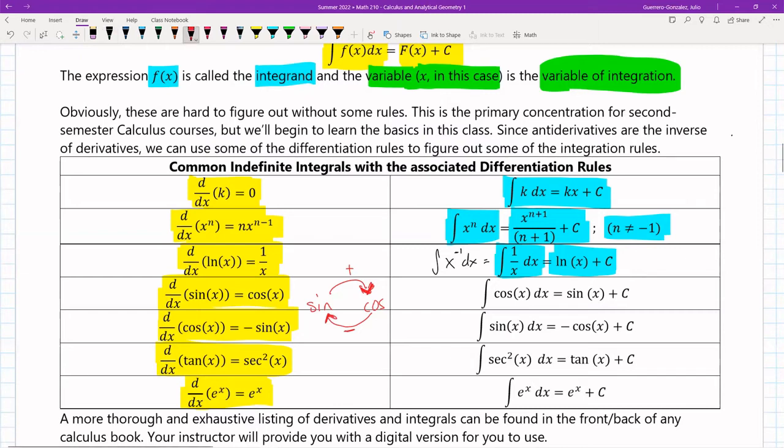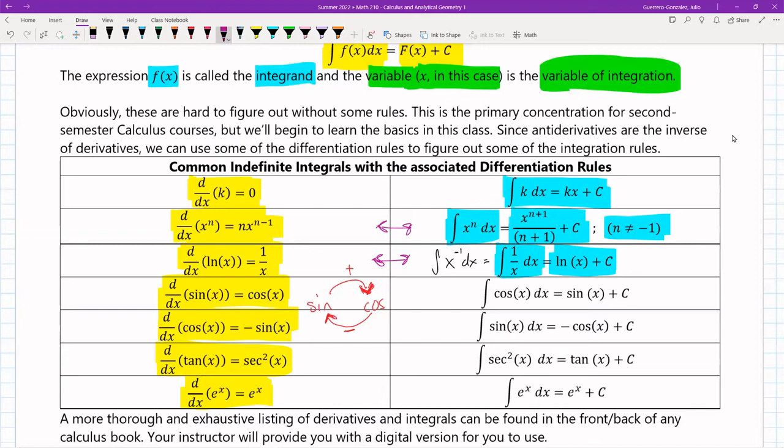Now, we want these to operate pretty much inversely from the derivative. And this is the reason why the n equal -1 is the special rule, because the integral of 1 over x is ln, because the derivative of ln is equal to 1 over x. You guys see that?